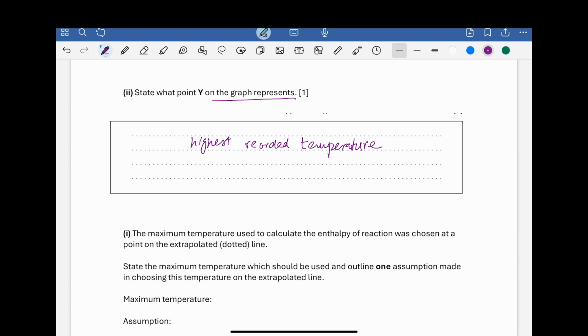We can say maximum temperature, or we can say it is where the reaction completed, but the best answer is highest recorded temperature.